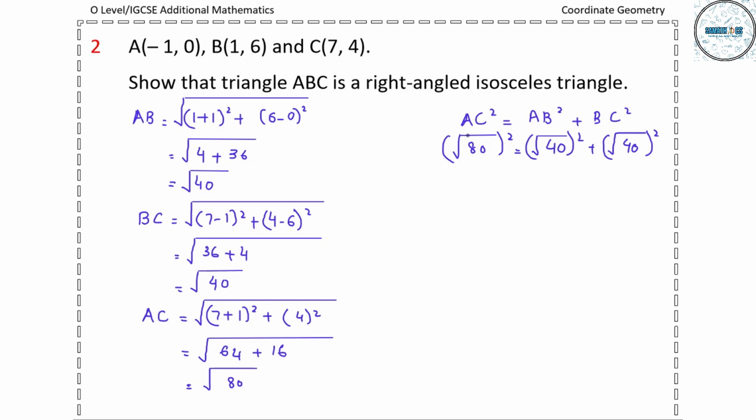We can cancel out the square with square root. So we are left with 80 is equal to 40 plus 40. 80 is equal to 80. So we can say that ABC is a right-angled isosceles triangle.